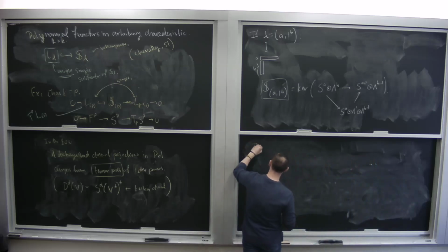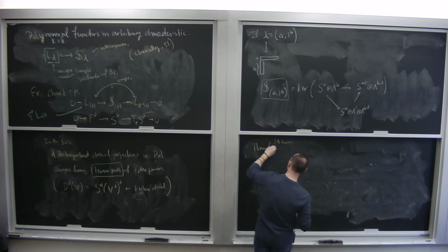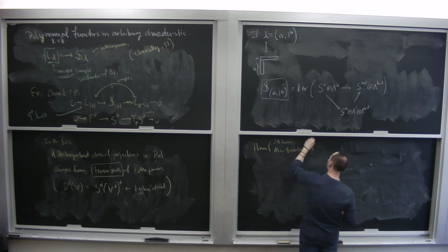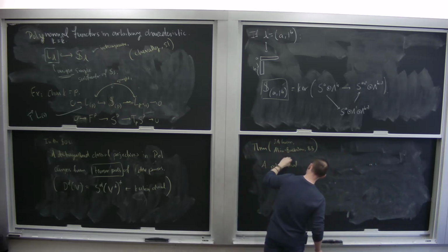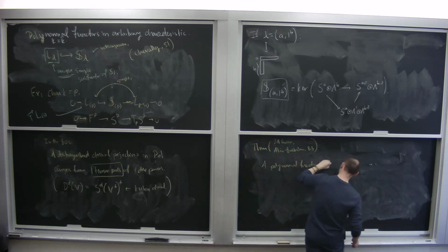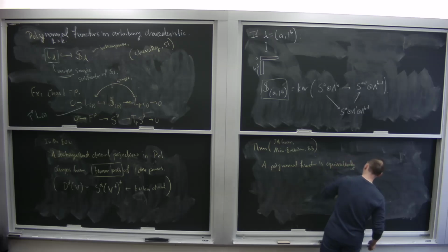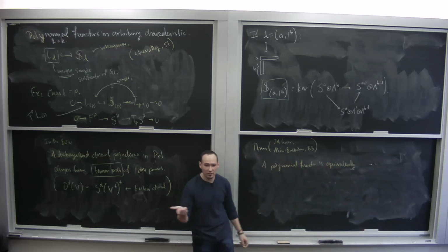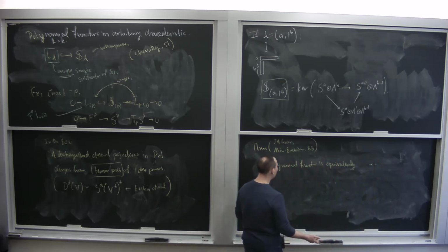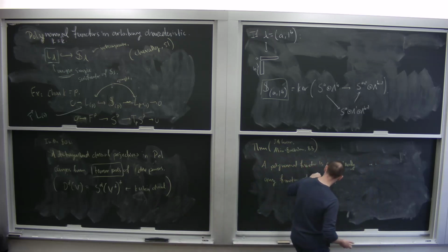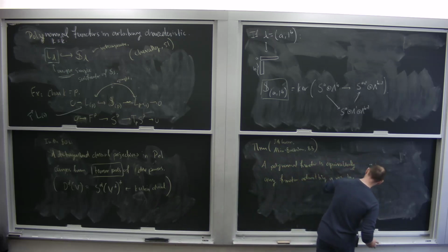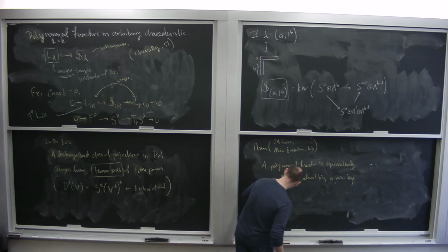This follows from work of James Green from 1980, but was also really pushed by Akin and Buchsbaum in a sequence of papers starting around 1988, which is that a polynomial functor is equivalently any functor admitting a resolution by tensor products of divided powers.